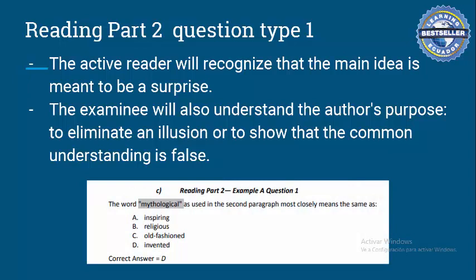It says, the word mythological, as used in the second paragraph, most closely means the same as... So here, based on the reading, you will have to say what the word mythological means in the passage. So that's question type 1 for reading part 2 and what it looks like.